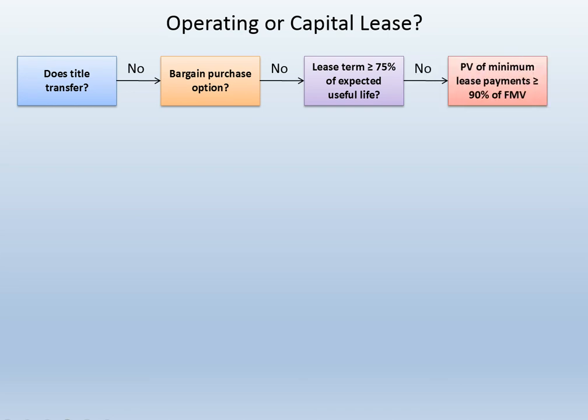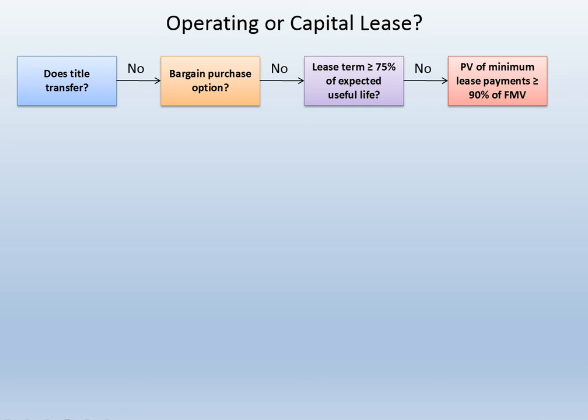The fourth criteria, and arguably the most complex criteria to evaluate, is the present value of the minimum lease payments greater than or equal to 90% of the fair market value. So what we have to do is identify the lease payments that are going to be due on this lease agreement, and then discount those payments to present value terms.